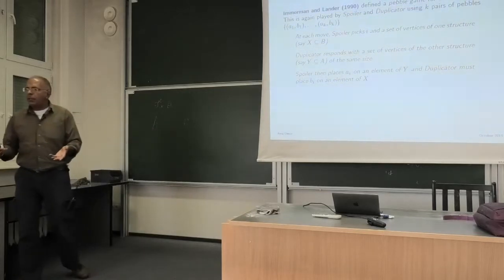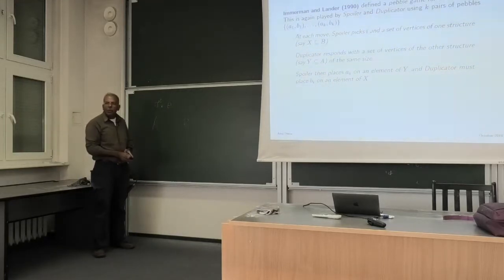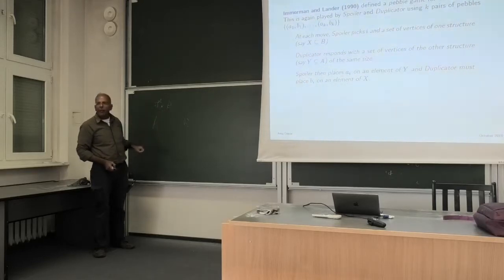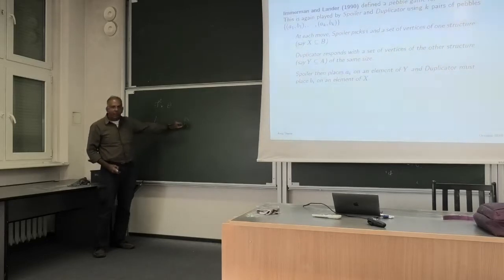And Spoiler wants to demonstrate this. Spoiler knows this formula. How would Spoiler do this? Well, choose the set of elements for which theta is true in A. Duplicator has to respond with the same number of elements in B. But if this formula is true in B, then for at least one of those elements, theta must be false, right? So Spoiler places a pebble on that element.